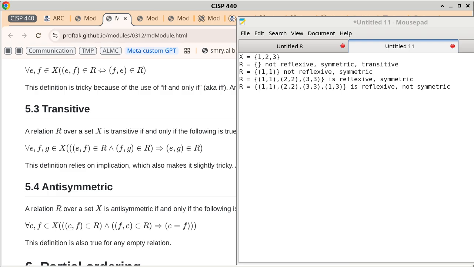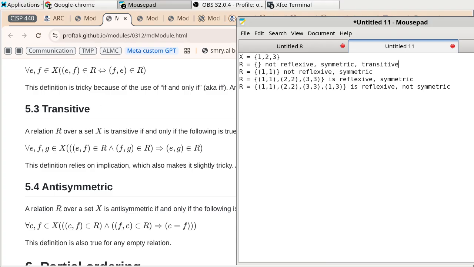Well, if the left-hand side of the implication is false, then the implication itself is guaranteed to be true. So I don't even need to know whether the right-hand side of the implication is true or not. We know that the implication is guaranteed to be true. So that is the reason why when R is empty, it is known to be transitive already.